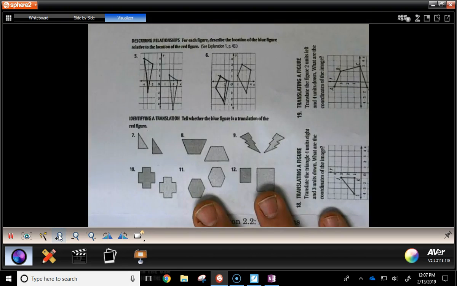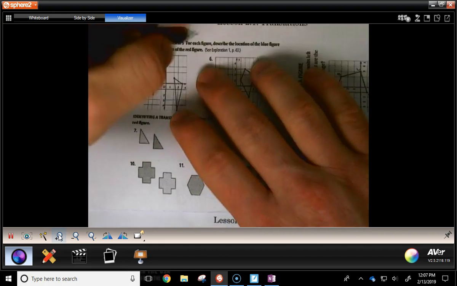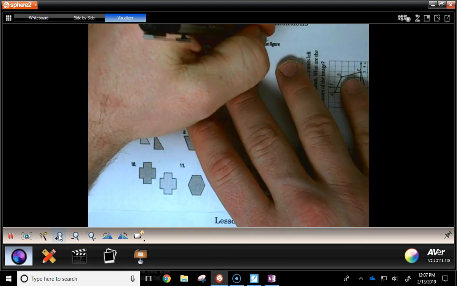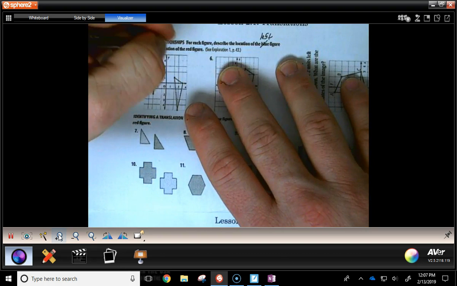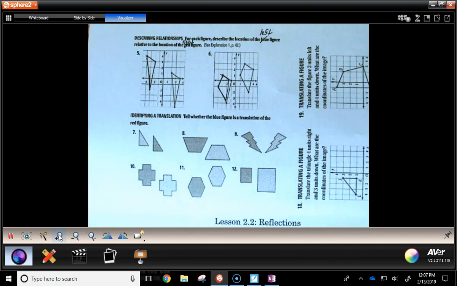For the very beginning, it says, for each figure, describe the location of the blue figure relative to the red figure. Well, these are in black and white. So this is how I've changed this. Instead of blue and black, we are going to be looking at it left to right. So in the first two, you're comparing the left figure to the right one, the translation.